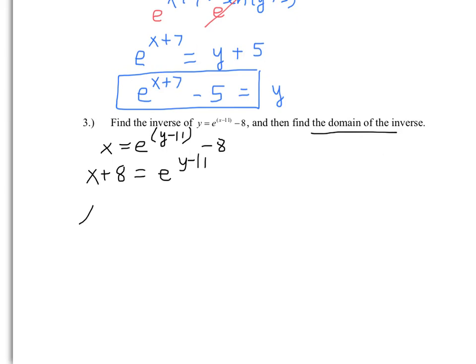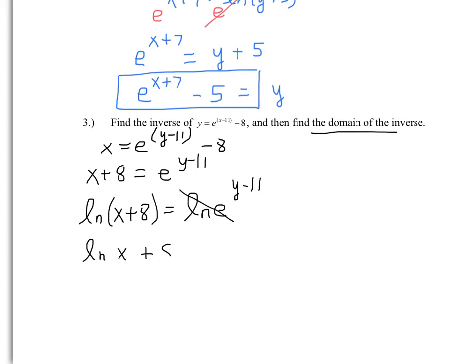So to do that, we're going to take the natural log of each side. We know that by doing that, the natural log and the e will offset each other. Now be careful over here on this side. If you write this like this, it looks like you're only taking the natural log of x and then adding 8.